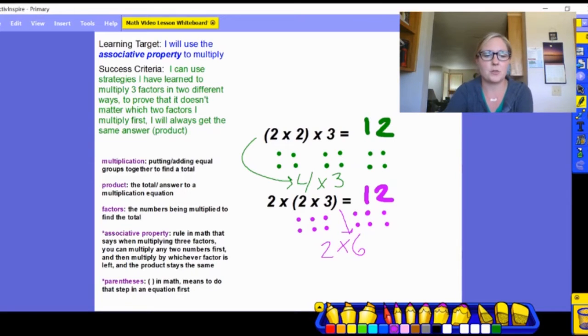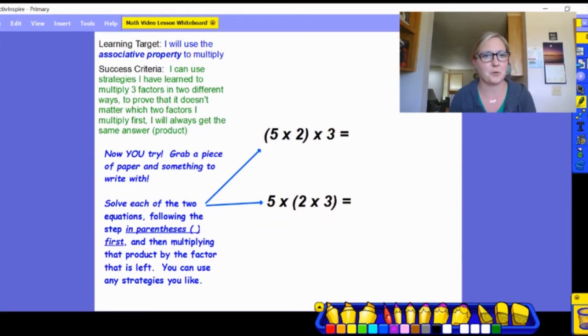So now it is your turn, the moment you've been waiting for. I would love it if you could pause the video and go grab a piece of paper, something to write with if you don't already have those things, or a whiteboard and a whiteboard marker, whatever is handy that you can use to work and solve these equations on. You have the equation 5 times 2 times 3.